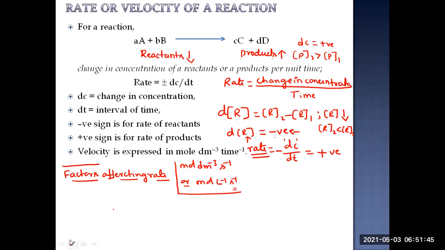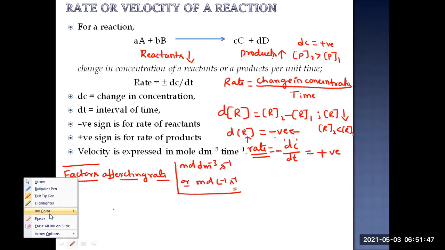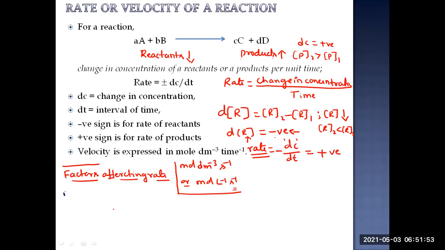Now, what are the factors do you think they affect the rate of the reaction? So temperature. Temperature of reactants or products? Reactants and products both will be there in the same container.